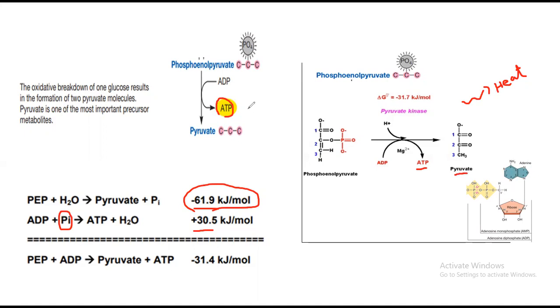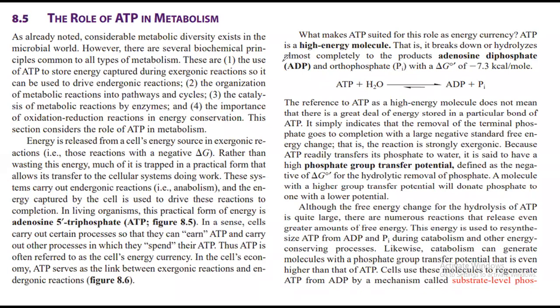So now you know how ATP is produced, and in the previous slide you learned how ATP is consumed. Just take a screenshot of this text. I have explained it in the earlier video. Take a screenshot of it and also study it.